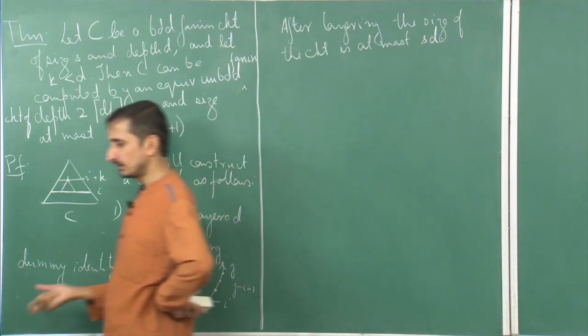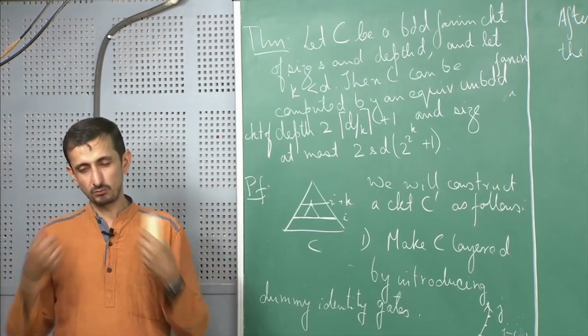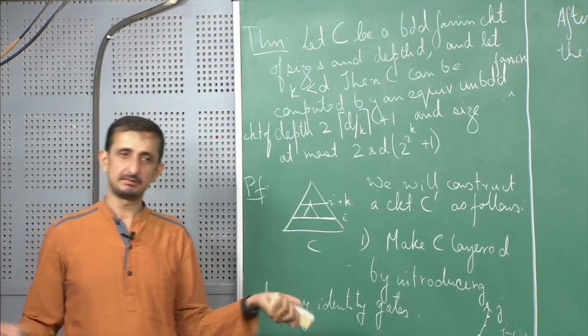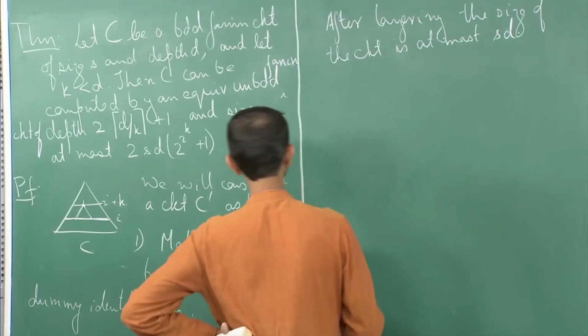Okay, so it is a DAG. So, the size of a DAG I can assume to be the number of edges, and for every edge at worst case I will be adding D many dummy nodes. So, therefore, it is at most S times D.